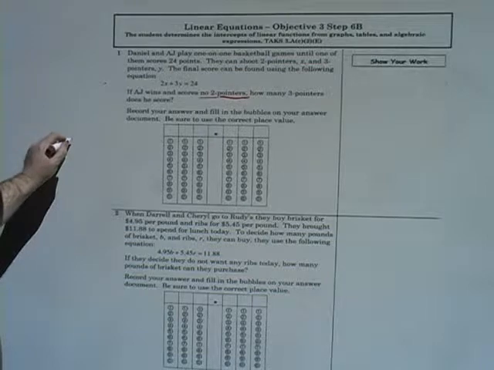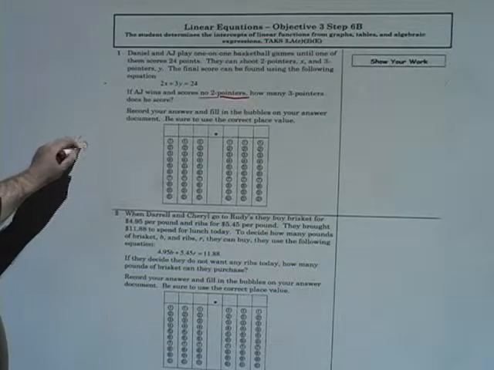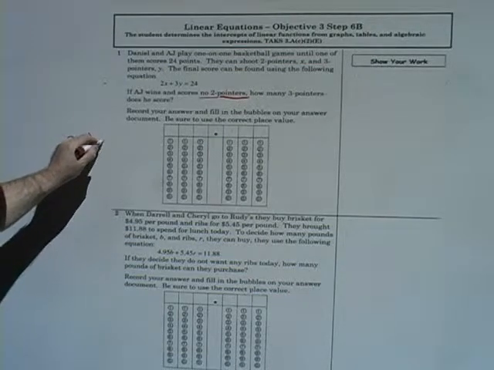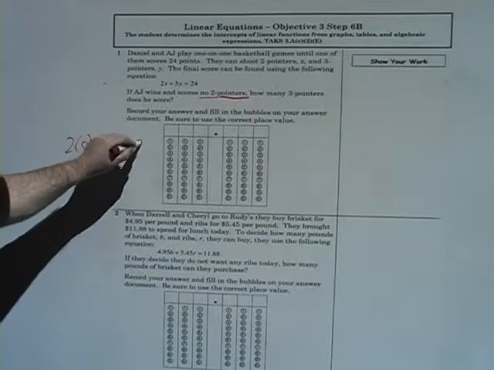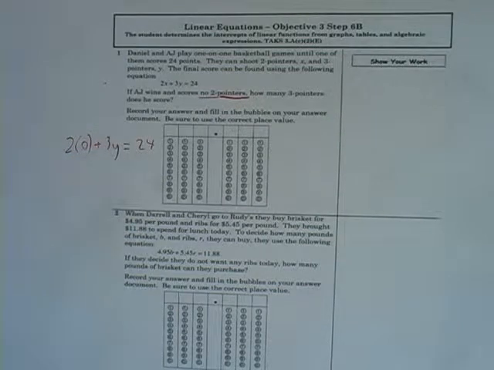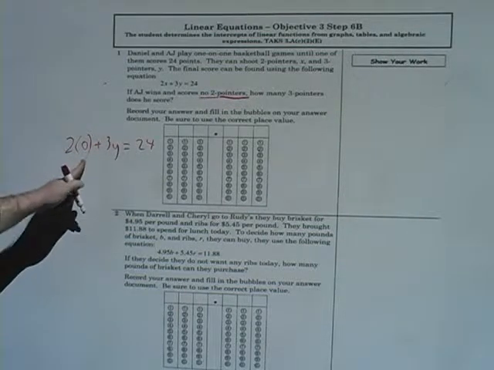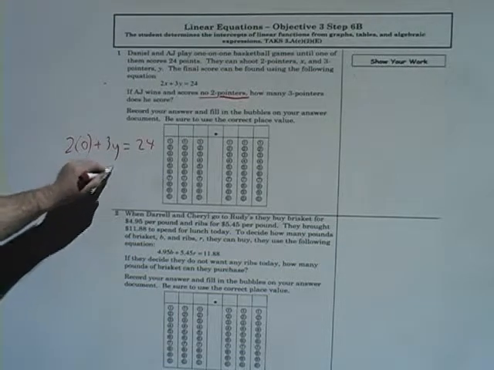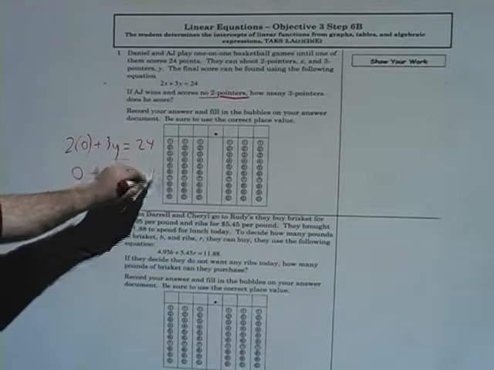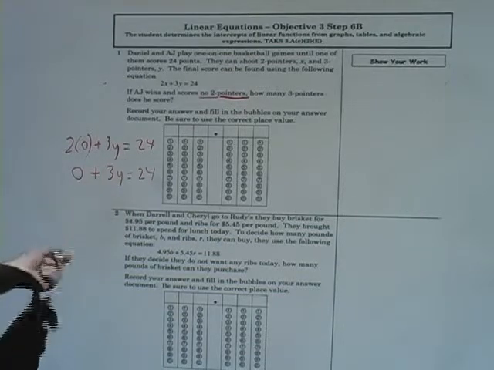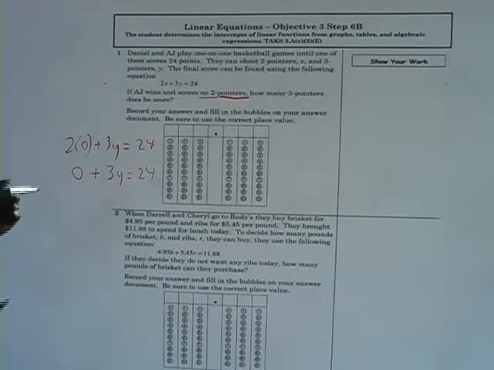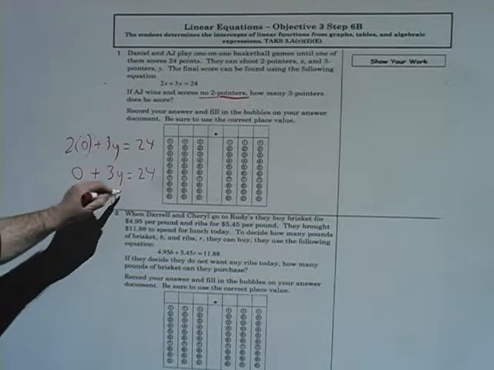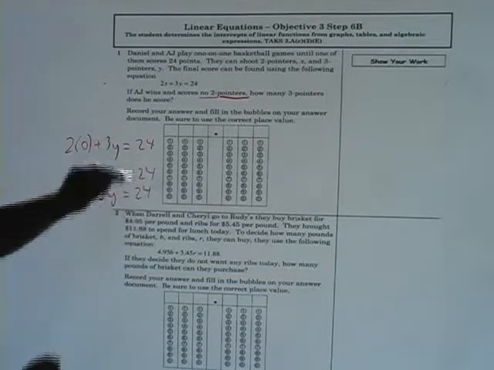Okay? So you're going to say 2 times 0 plus 3y equals 24. Well, 2 times 0 is just 0, so we can just say 0 plus 3y equals 24. 0 plus 3y is really just 3y. Okay?